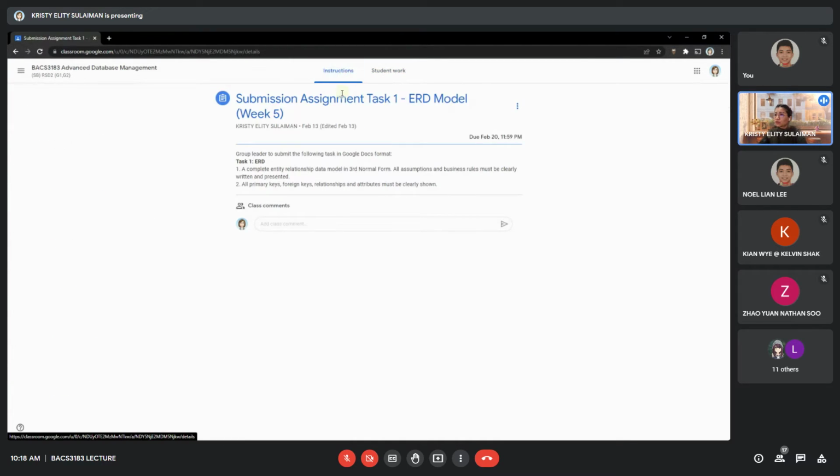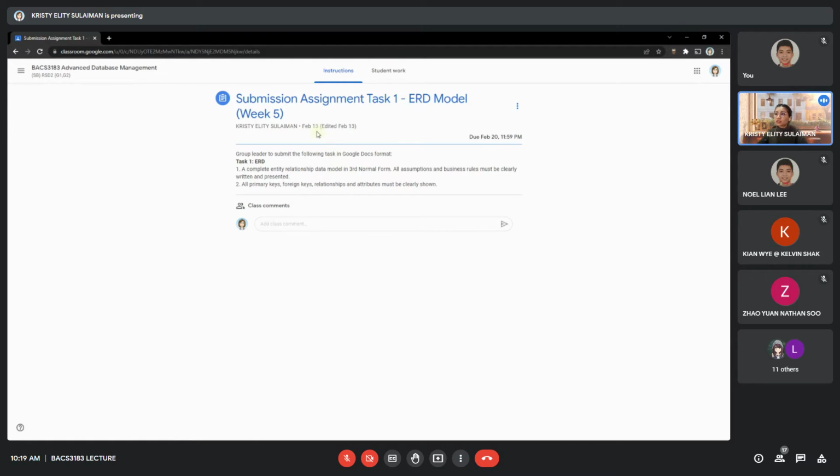Group leader, you need to submit the ERD, which is the complete entity relationship data model, the business rules, and also represent all the primary keys, foreign key relationships, and attributes. Some of you have shown me your tables. Make sure your tables are enough for you to query data later in the next part of your assignment.